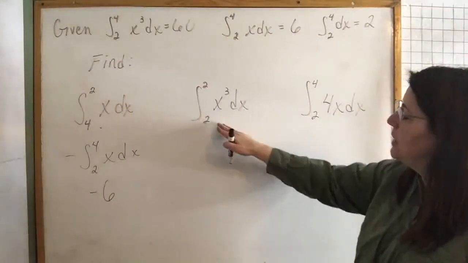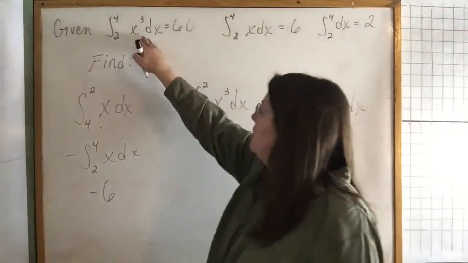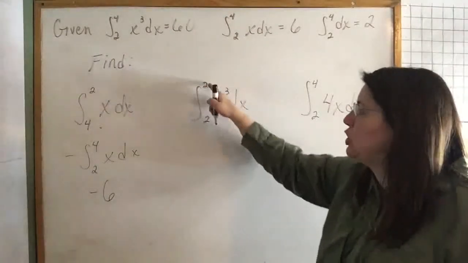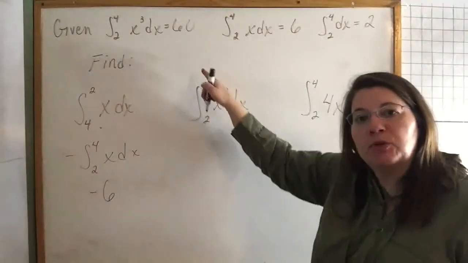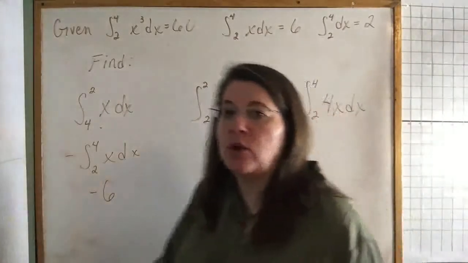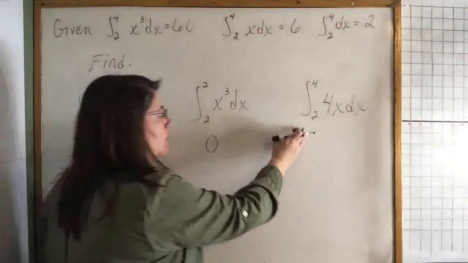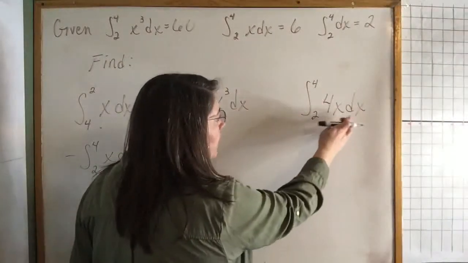For this one, the integral from 2 to 2 of x cubed dx, that's the same thing as this, except it's going from 2 to 2. What did we learn? If there is no space in between, that is just going to be a 0 because there is no movement there. There is no area. For this one, the integral goes from 2 to 4 of 4x dx.